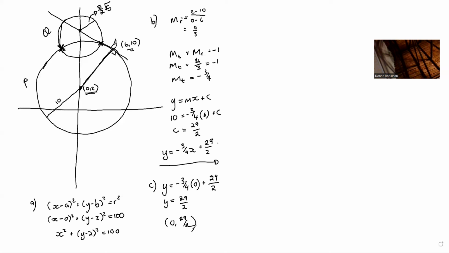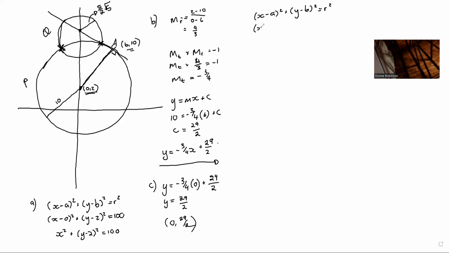So remember our circle equation, (x minus a) squared plus (y minus b) squared is equal to r squared. So we have our radius, we have everything.